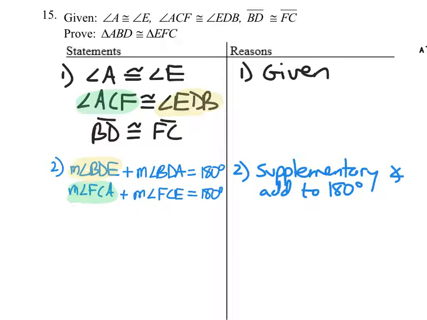All right. So what I'm going to do is write as a separate step that the measure of angle BDA is equal to 180 degrees minus the measure of angle BDE.